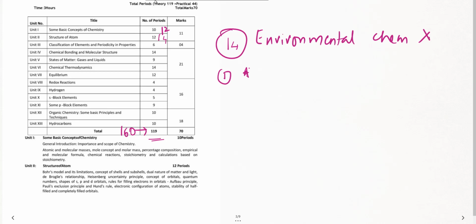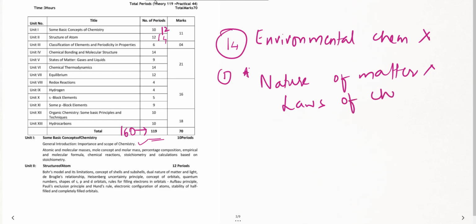But what is deleted is, just see here, general introduction and scope of chemistry. This is also there. But in between these two, there are certain topics. Nature of matter is one topic which is deleted. Laws of chemical combination is one more topic that is also deleted. Dalton's atomic theory is also deleted.